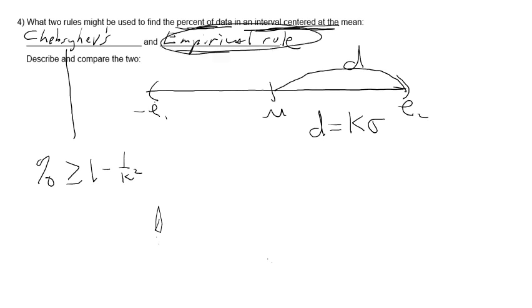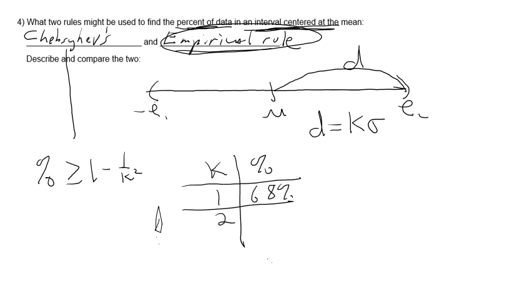If you're working with the empirical rule, it's going to be from a table. K, percentage. When K is 1, 68%. When K is 2, 95%. When K is 3, 99.7%. So, depending on what K is, there's the associated percentage: 68, 95, 99.7. For Chebyshev's, we have a formula.